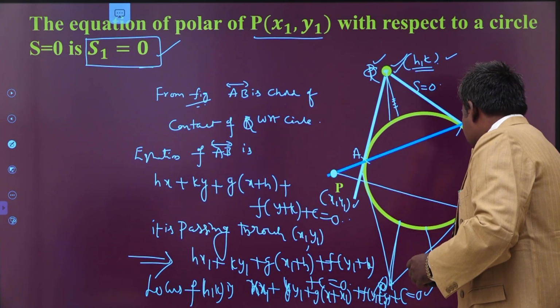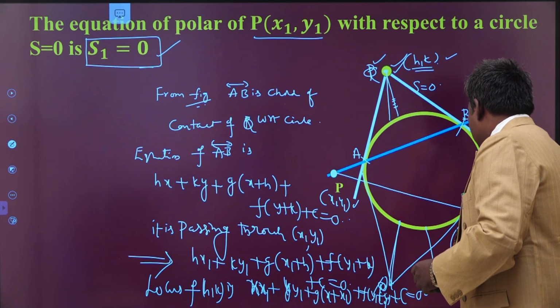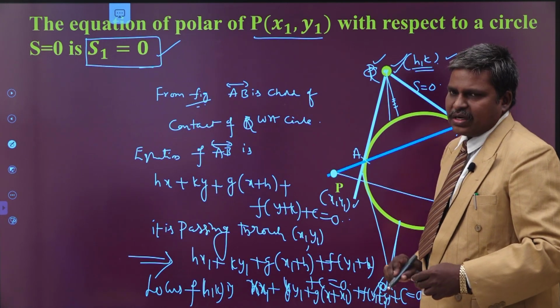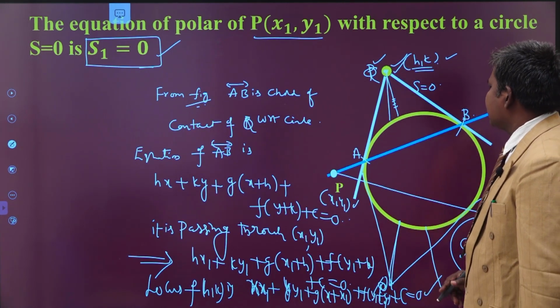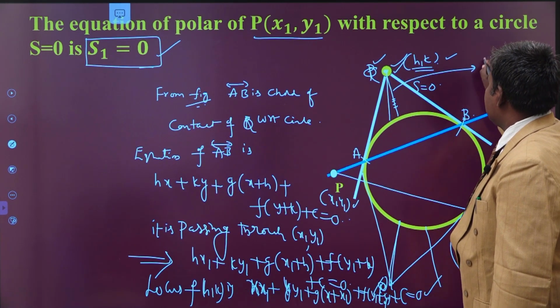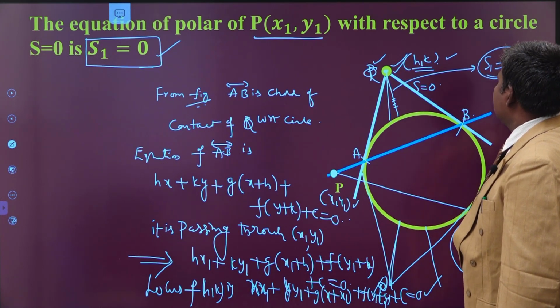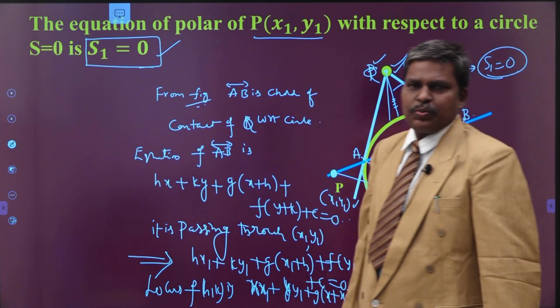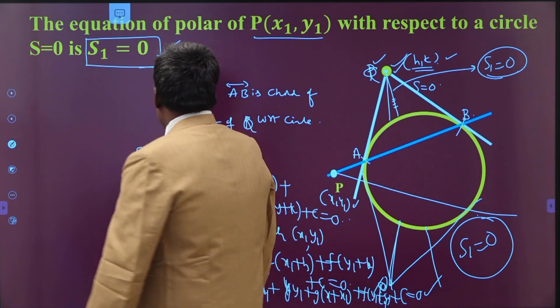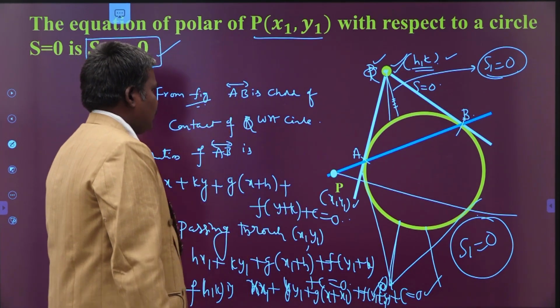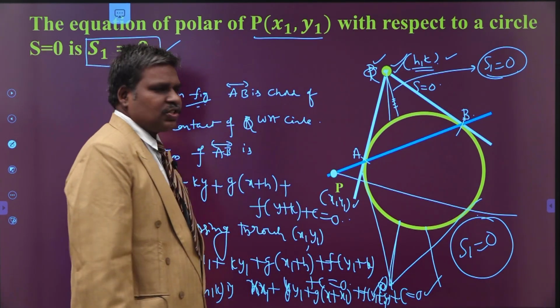What is this? This is S1 equal to 0 of the point (x1, y1) with respect to the circle. This is the way to prove the theorem: the polar of P (x1, y1) with respect to the circle S = 0 is S1 = 0.